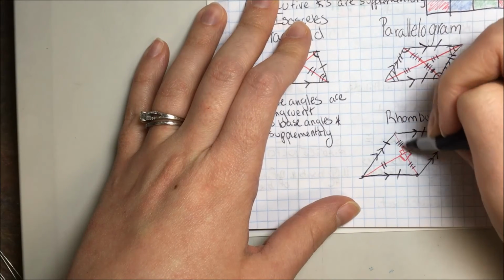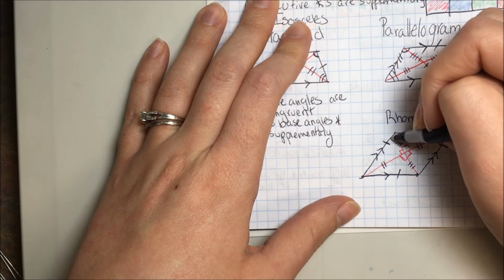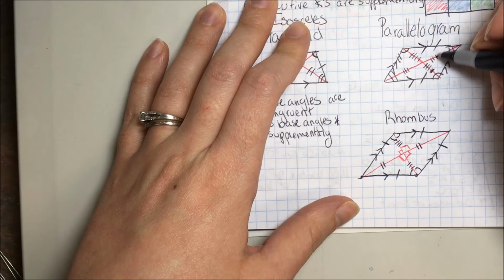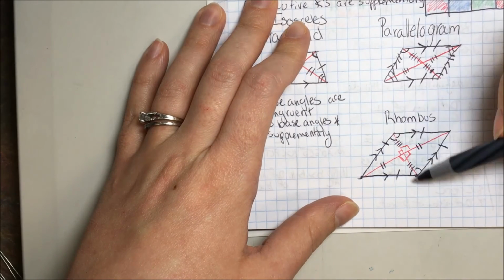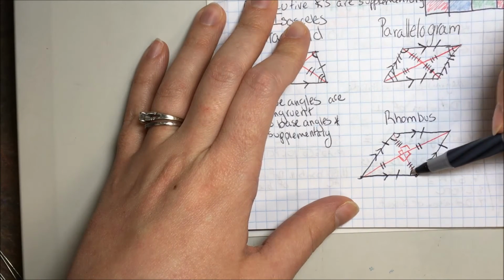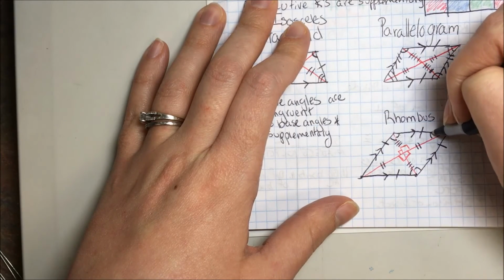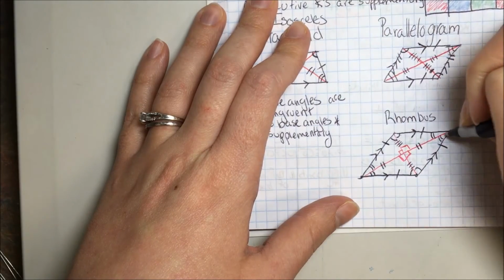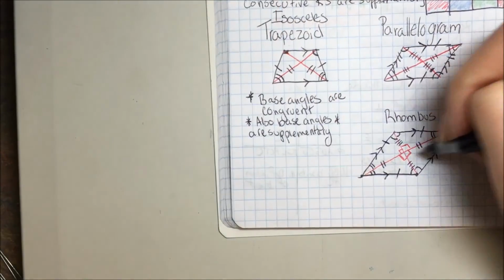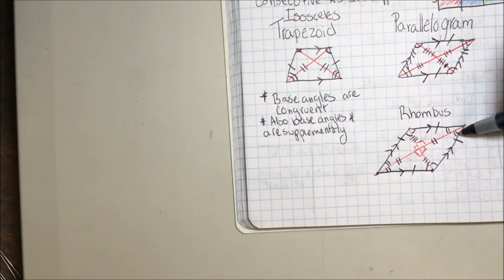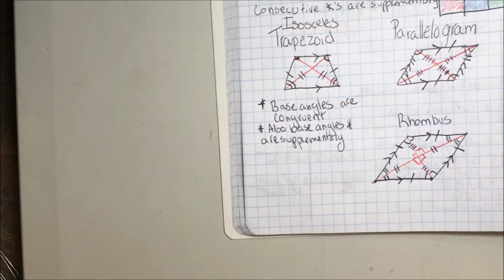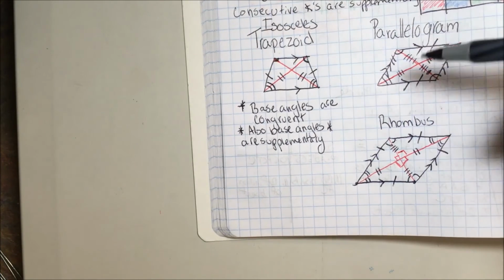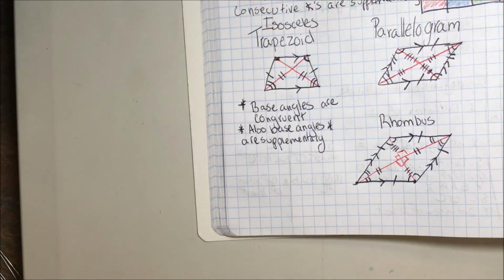And these diagonals bisect the angles. So these two angles are congruent to these two angles, because remember, like the parallelogram, the opposite angles are congruent. And since the diagonal bisects these angles, all four of these little angles right here are congruent. And this diagonal bisects these two angles, and since opposite angles are congruent, these two angles and these two angles are all congruent.